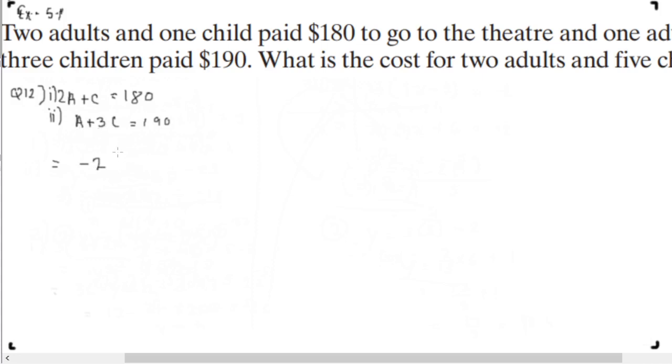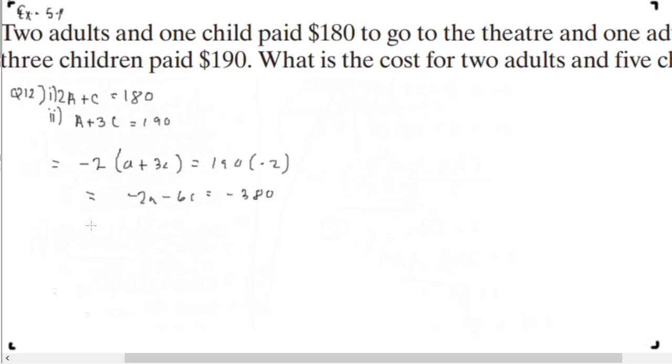And I'm going to denote it properly this time. a plus 3c equals 190, times -2. Okay, so then we get -2a minus 6c is equal to -380.